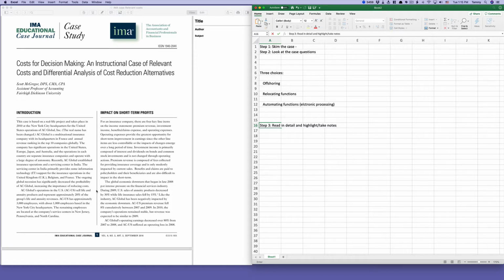Let's see. AC Global's operations in the US sell life and annuity products and represent approximately 20% of the group's life and annuity revenues. So the US makes up 20% of the revenues of this company. So we can go ahead and make that note.